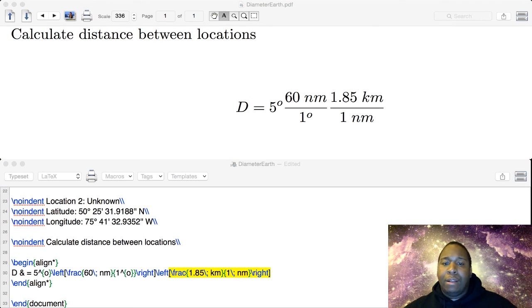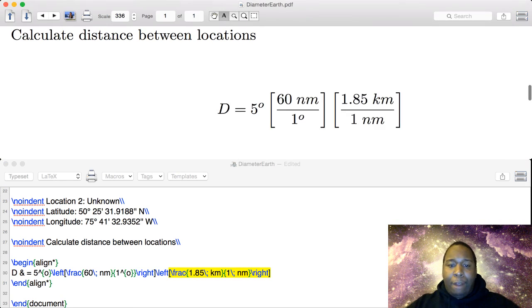Perfect. And so what this should give us, and I'm using my own very personal calculator on my laptop, you guys, of course, can verify that this is working out right: 5 times 60 times 1.85. And I'm getting a very nice number, in units of kilometers, 555 kilometers.